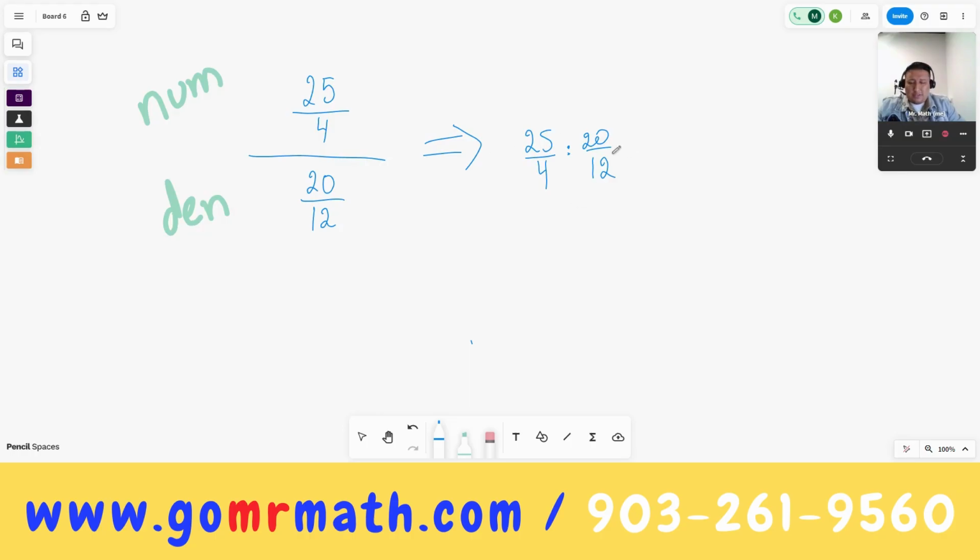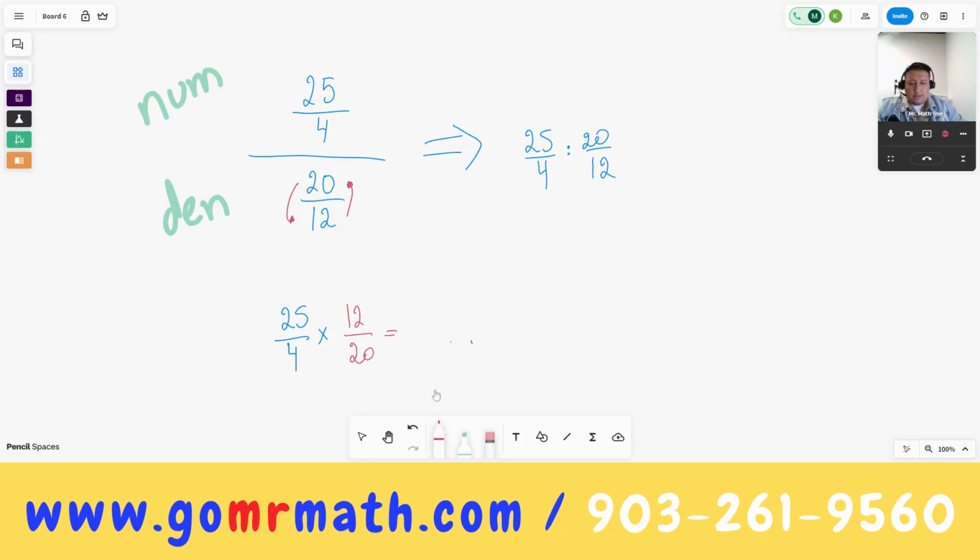So it's exactly this one. If we follow the same rules that we just learned above, we will take this numerator as the first fraction, and then we'll multiply times the second one, but we'll flip it over. Okay, we'll exchange numerator and denominator. We'll exchange it here, 12 over 20.